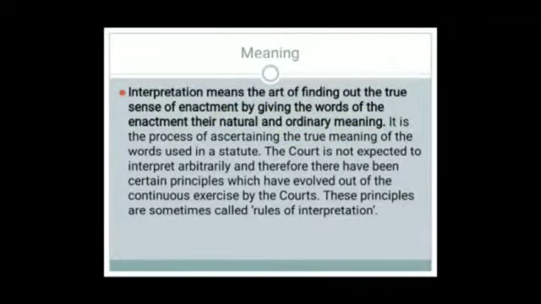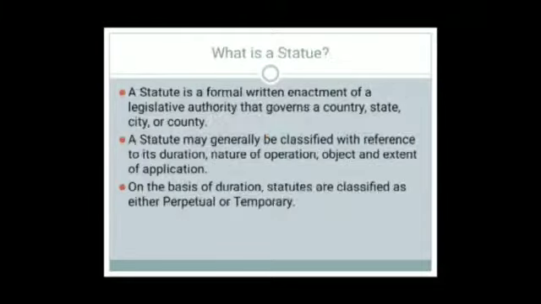And the court is not expected to interpret arbitrarily. Therefore there have been certain principles which have evolved out of continuous exercise by courts, and these principles are called rules of interpretation.